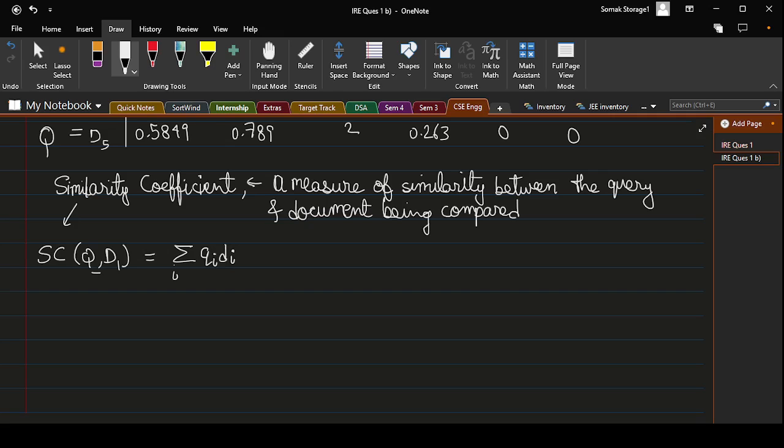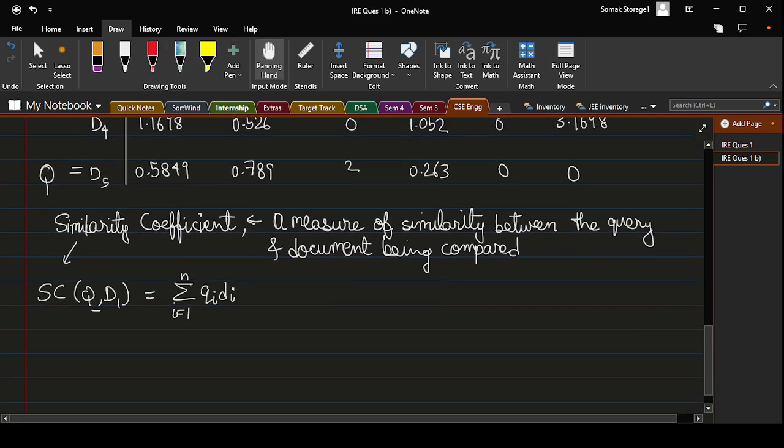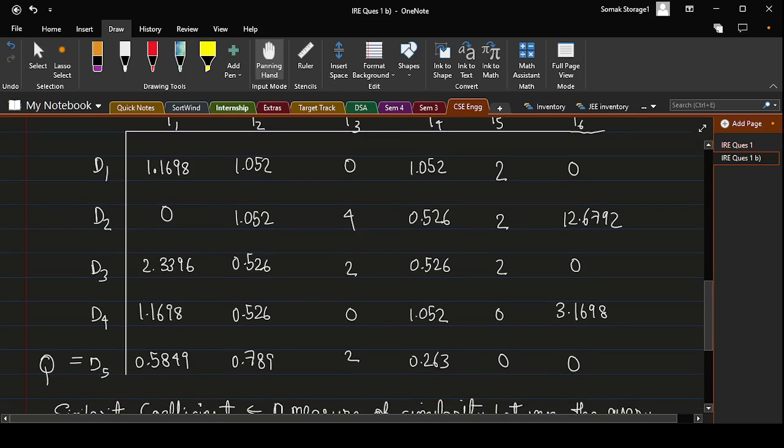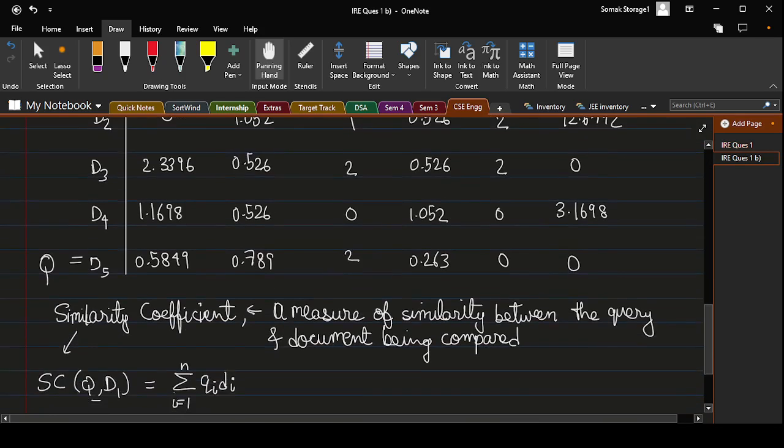Now I'll explain what this i and Q mean. So here i means the terms, right? T1, T2, T3, T4, T5, T6, means we are traversing along this whole row, and collecting each of the terms based on their TF IDF values.